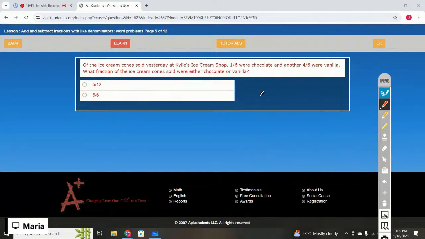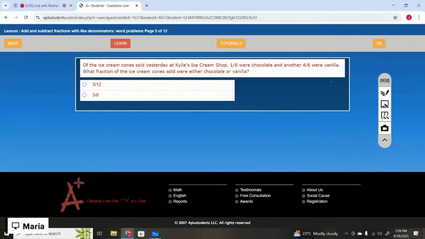What fraction of the ice cream sold were either chocolate or vanilla? 4 plus 1 is 5/6. Option number 2 is the correct option.